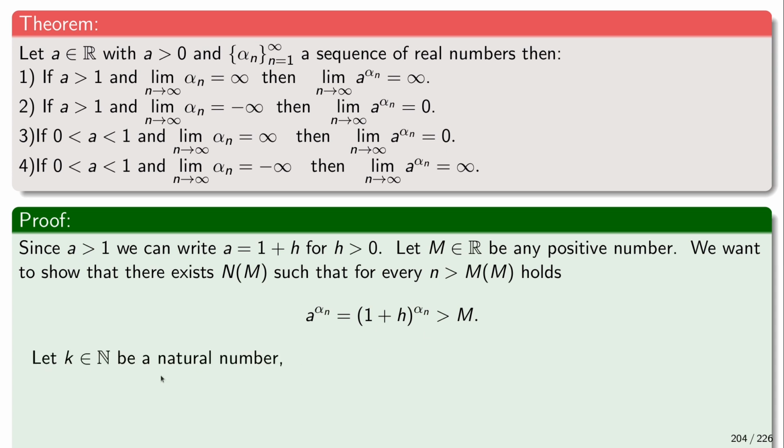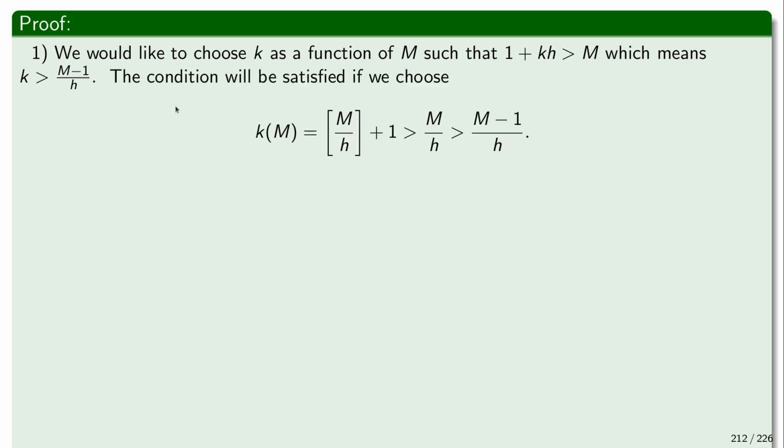Now, for any k that is natural, we have by Bernoulli's inequality, which we've used several times so far, that 1 plus h to the power of k is going to be greater than that. And then, if we continue the proof, we can choose k so that this inequality holds. Basically, it would suffice to choose k to be bigger than this and to be a natural number. So this choice of k would suffice.